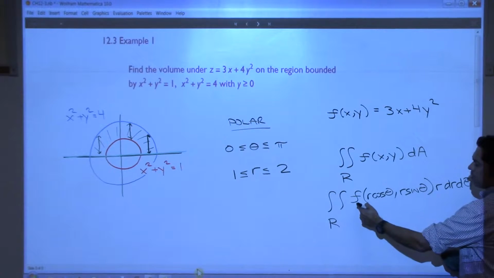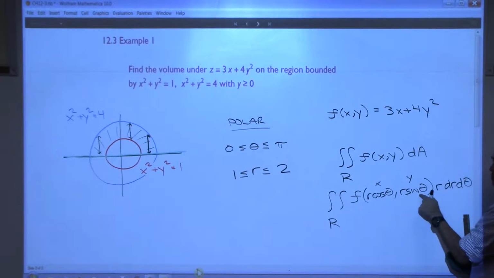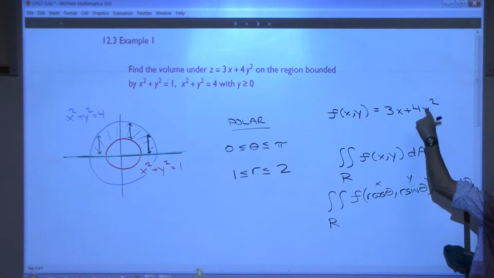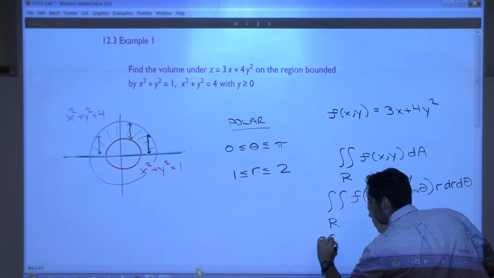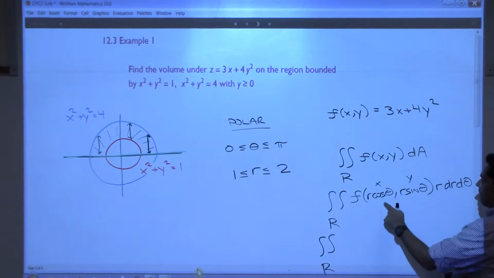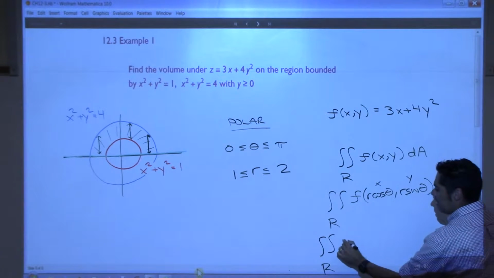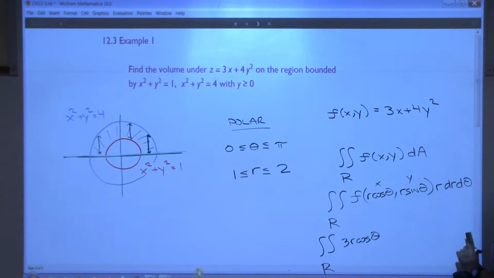Let's take the function. Let's replace all x's with r cosine theta. Let's replace all y's with r sine theta. And let's rewrite that right here in the double integral. So it'll be a double integral. I'll leave it as r for now. Let x go in there. So it'll be 3 r cosine theta. Agreed?